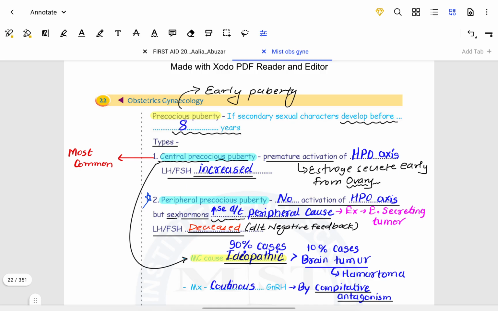Both of them were secreting estradiol by acting on granulosa cells or corpus luteal cells. LH was acting on theca cells and increasing progesterone, FSH was acting on granulosa cells and increasing estradiol. So it causes increased estrogen. So central precocious puberty is premature activation of the hypothalamus pituitary ovarian axis.